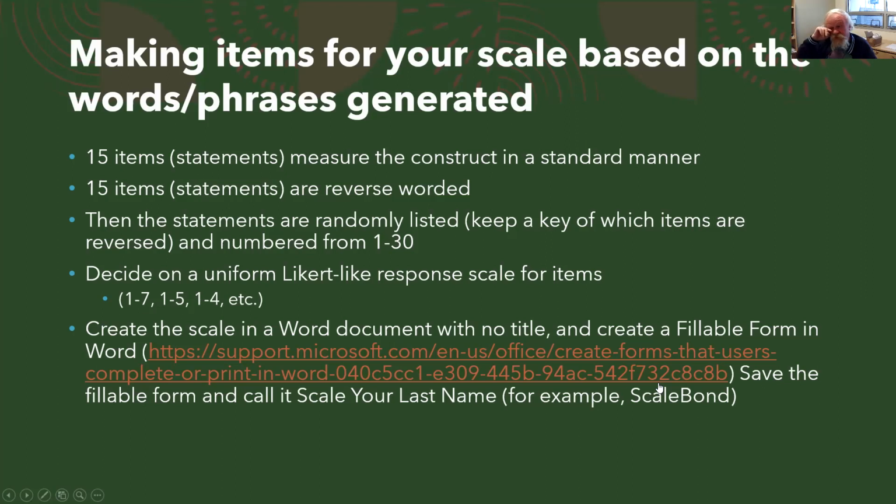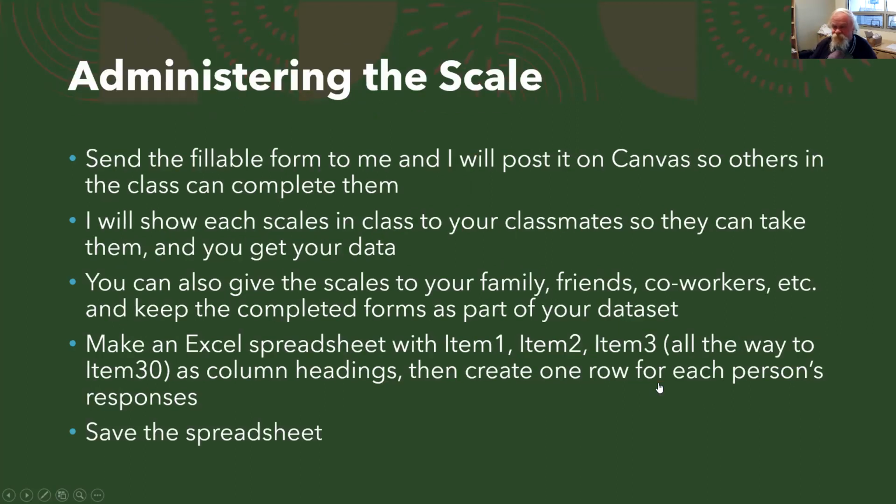And then those ratings are saved, and then they send you back the Word document, and you have your data, okay? And save that fillable form as your last name and scale, okay? So if this were my scale, I'd name it Scale Bond. Okay, like that.